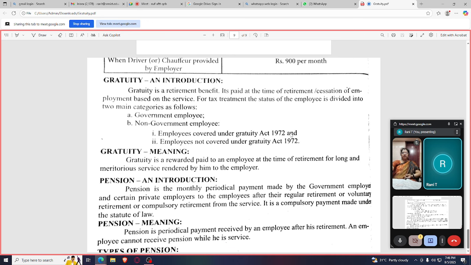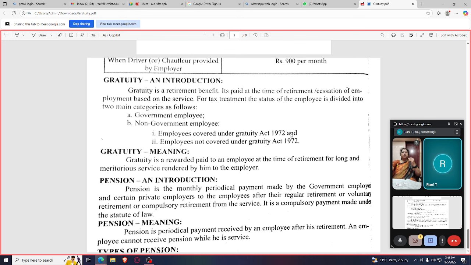You might have heard the term gratuity as well as pension. Those are retirement benefits. Sometimes they are paid as a one-time settlement, or else sometimes they may be given monthly.